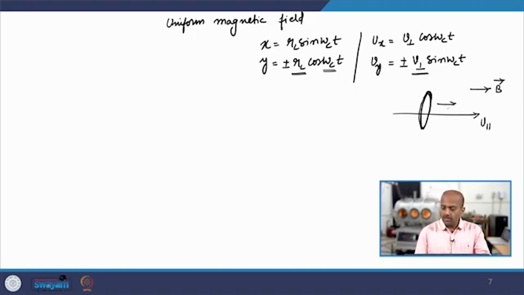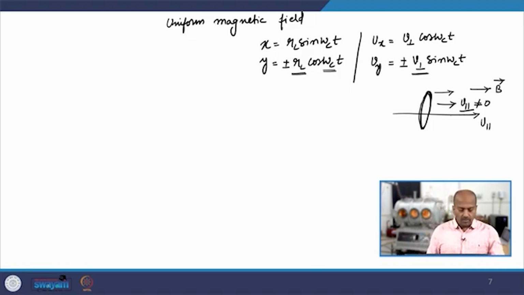So, if it has a non-zero parallel component of velocity, then the particle will keep moving in this direction and at the same time execute a circular motion. But if it is not there, it will just keep gyrating in a fixed orbit, right.